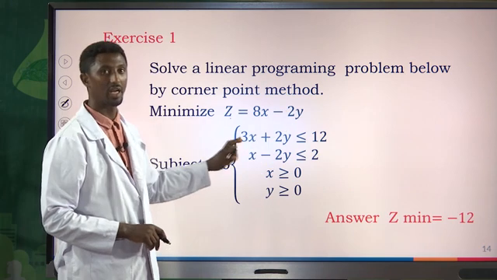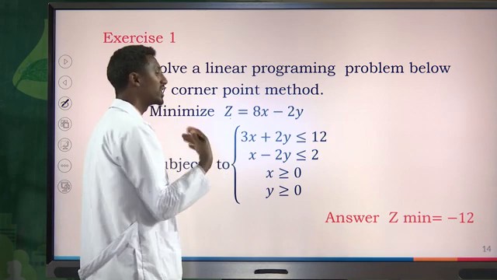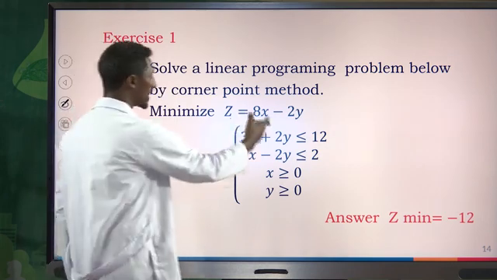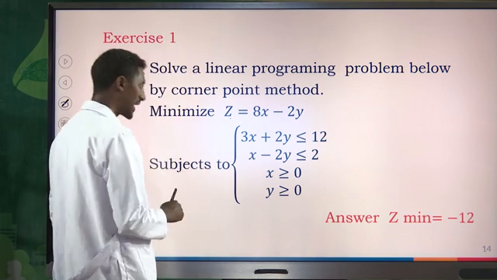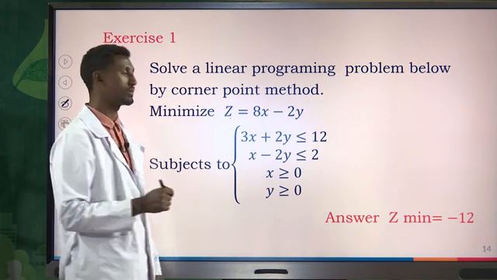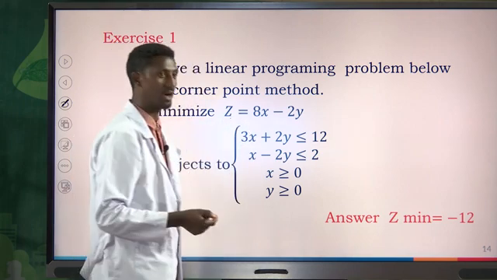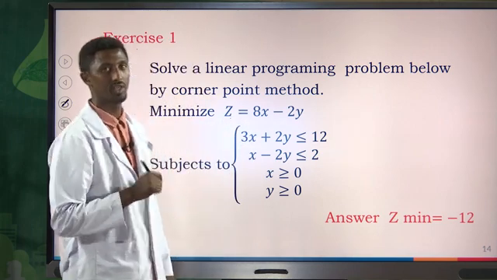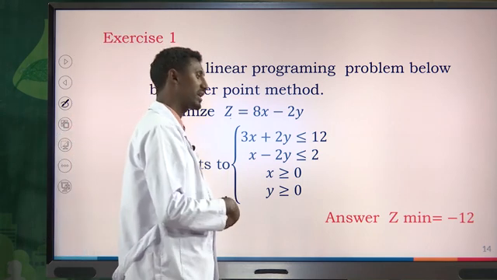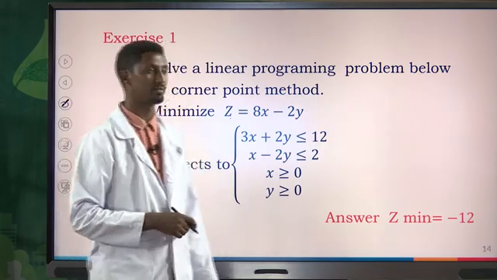Draw a graph of the constraints on a coordinate system, then identify the feasible region, the common region for every linear constraint. Then find each of the corner points of that feasible region and evaluate z at each of the corner points. Since the problem is a minimizing problem, pick the minimum value of z. So do it and check, the answer is minus 12.